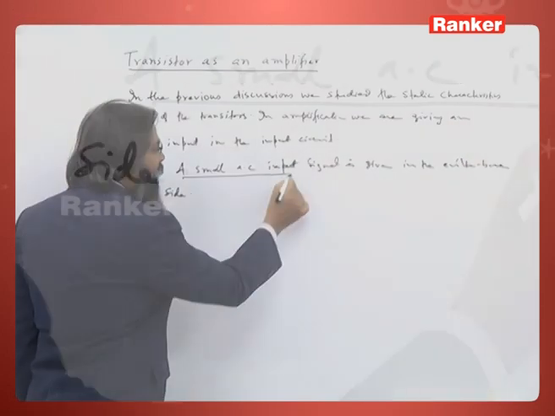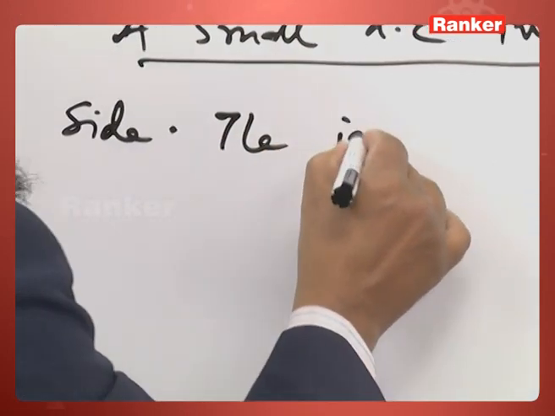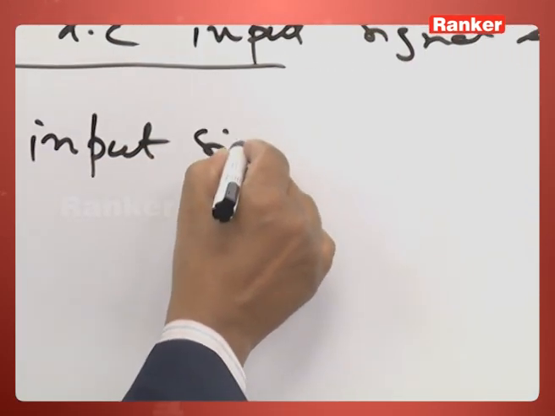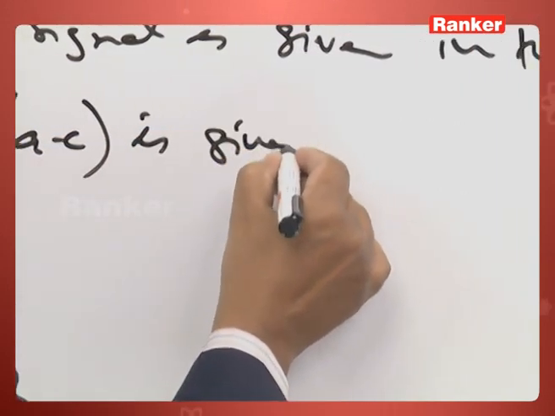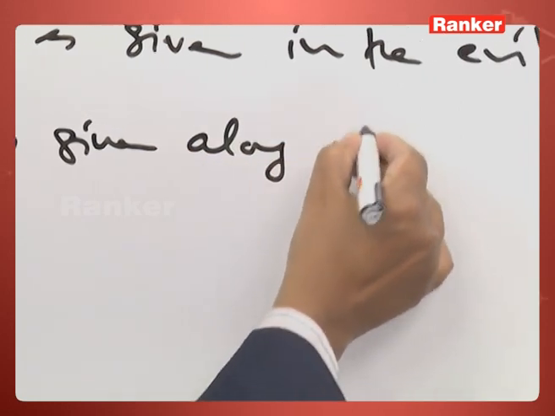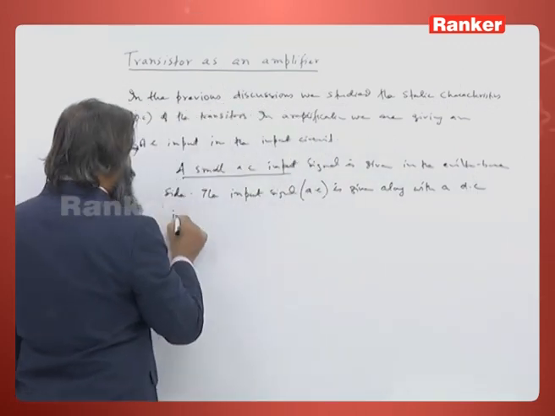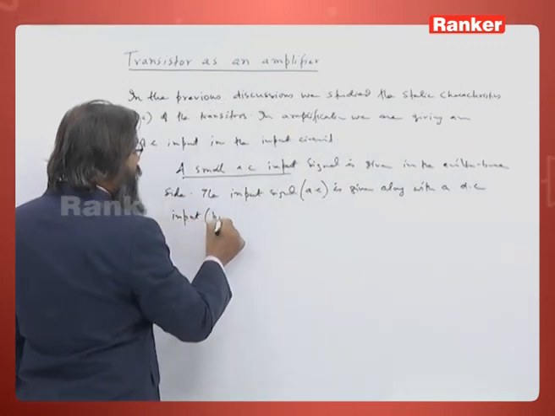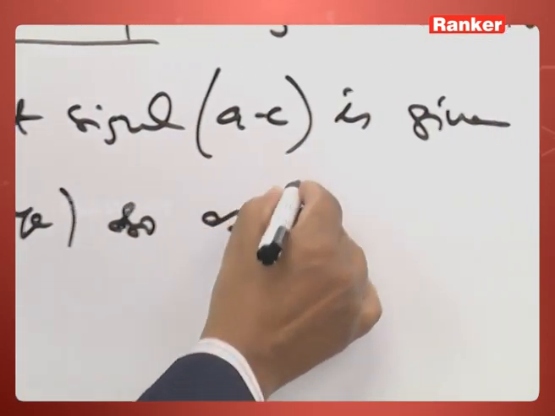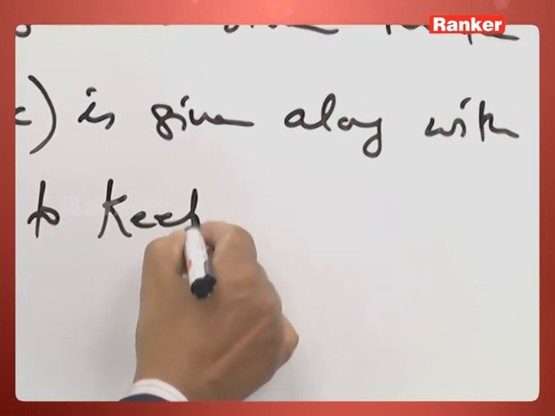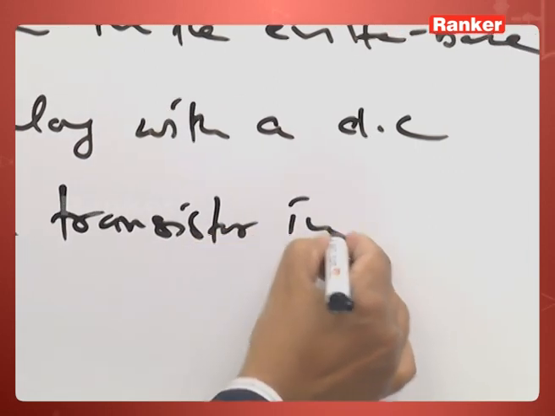A small AC input means how small? The AC input signal is given along with a DC input, that is the bias voltage, so as to keep the transistor in active mode.